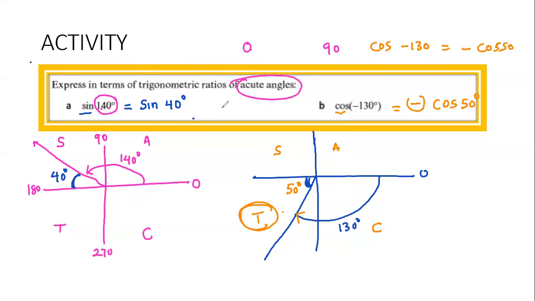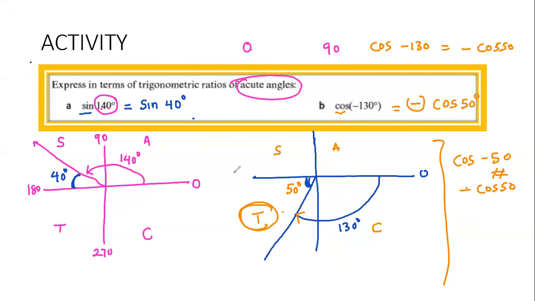The answer is no. Because when you place in your calculator cos of negative 50 and negative cos of 50, you'll get a different answer. Have you tried it? Yes, you try it. You'll see that the answers are different. But I'll bring an idea about it when we reach the graphical work.